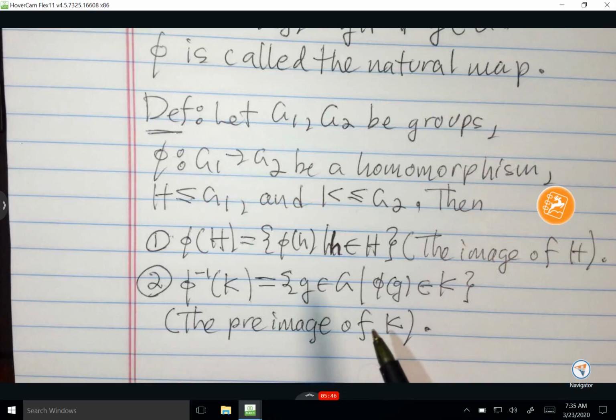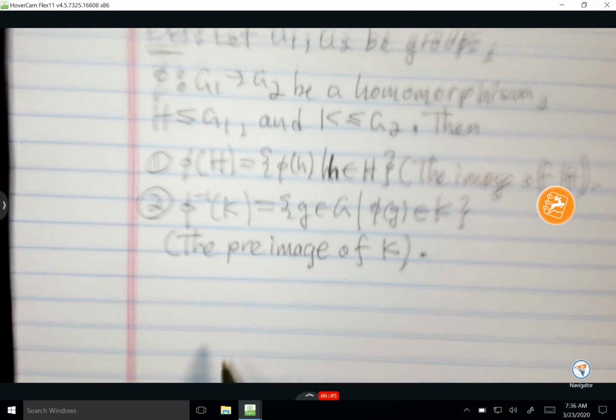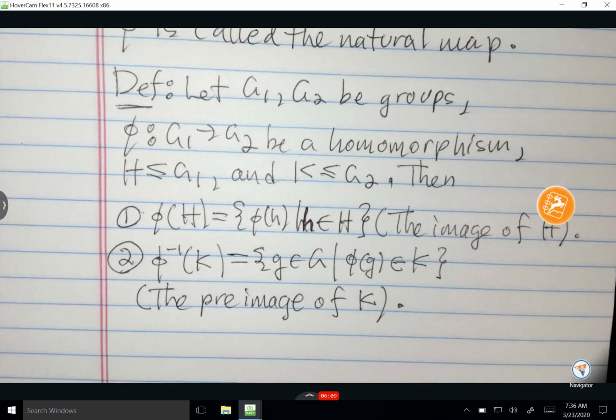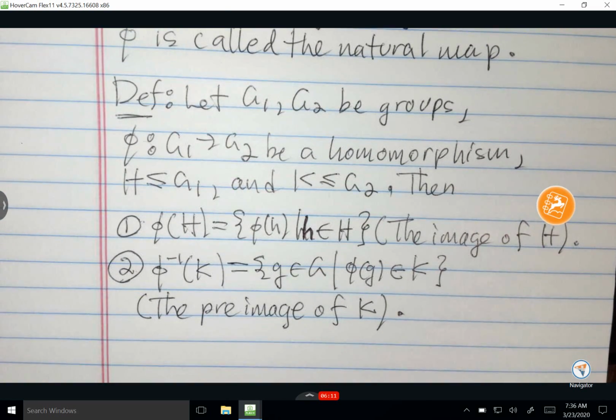Finally, the last review thing before we start the next section is the first isomorphism theorem, as we will use this repetitively to do what we have to do in the next section. So let's write it down here.